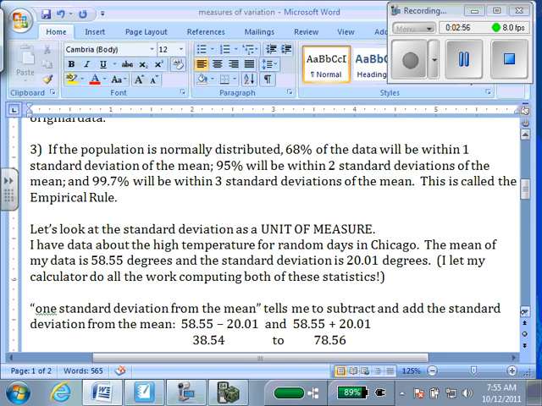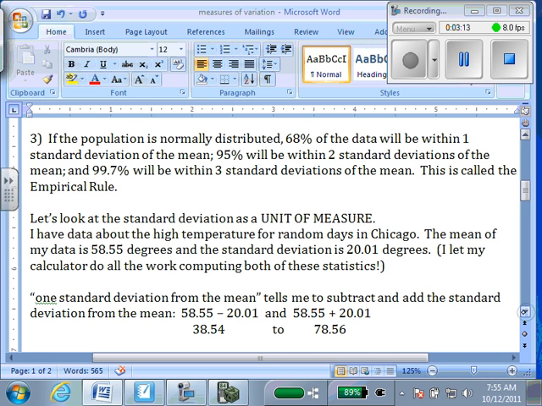In my calculator I had data about the high temperature for random days in Chicago. The mean of the data was 58.55 degrees, and the standard deviation was 20.01 degrees. I let my calculator do the computations for both of these. I wanted to do this so that we could talk about what it means to be 1 standard deviation from the mean. It tells me to add and subtract the standard deviation from the mean.